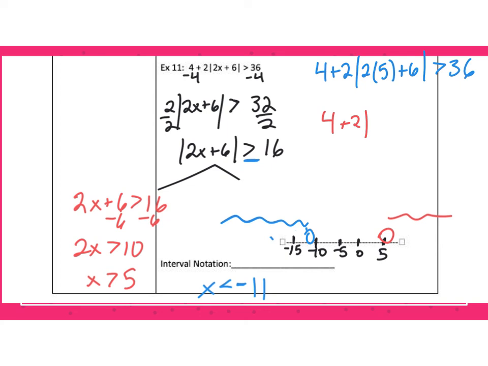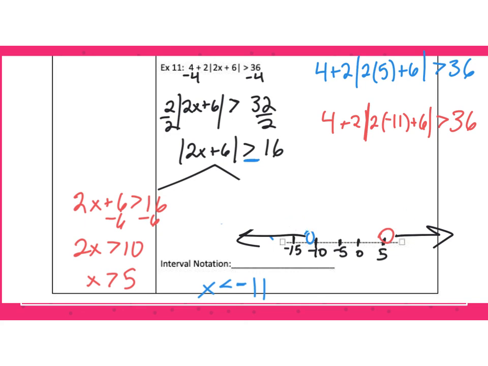And then same thing, 4 plus 2 times the absolute value of negative 11 plus 6, make sure you get the absolute value of that value, is greater than 36. When you check both those in your calculator, you should get them to work out. So this one does work. My lines are going to look like this. Okay, I can erase that shading if I want to. And then my union for this one is going to be, it's going from negative infinity to negative 11, stopping there with an open circle. Union means this symbol, starting at 5 and going to infinity. That's it on that. Let me know if you have questions and check Canvas for homework.